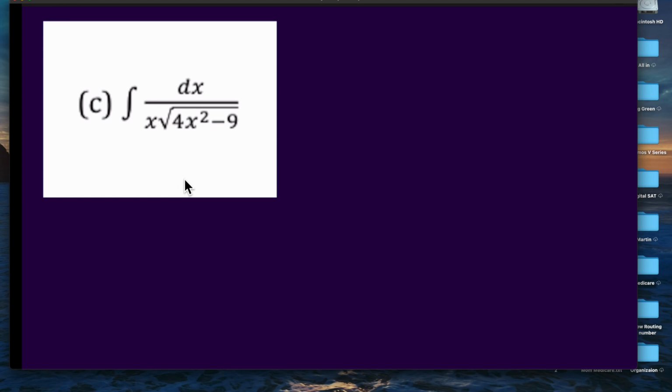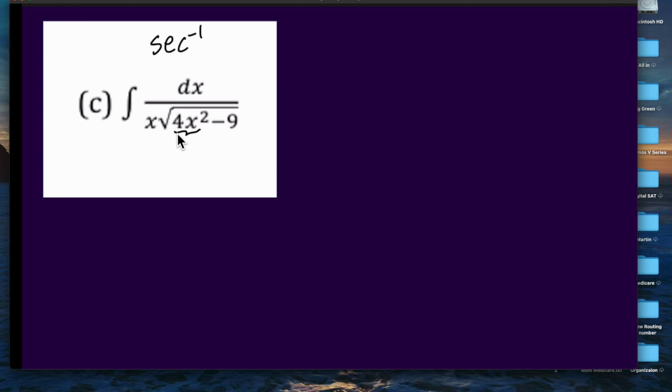In our next example, we have 1 in the numerator, and we do have an x, but it's in the denominator. So the fact that that x is out front, we still have a radical, we still have a minus sign, we are suspicious that this is going to be inverse secant playing a role.